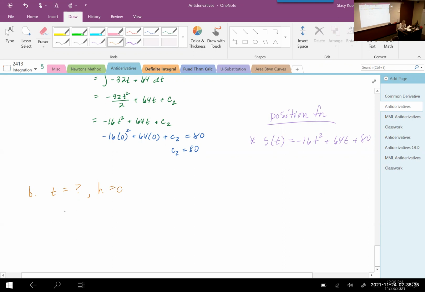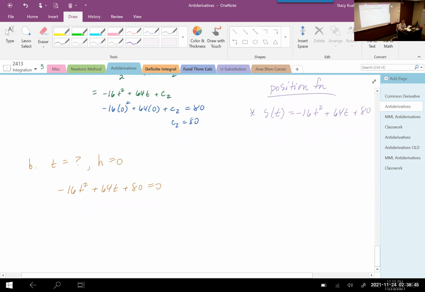So we could take our position function, negative 16t squared plus 64t plus 80, set that equal to 0 and solve. I'm going to factor a negative 16 out of all three terms. T squared minus 4t minus 5 is equal to 0.